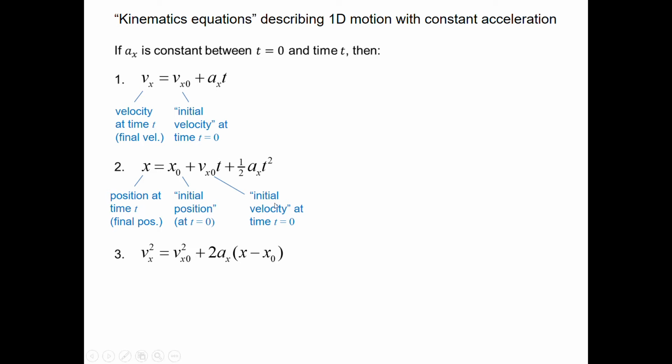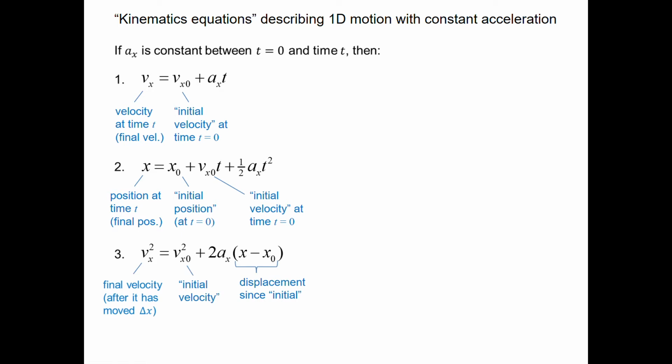Finally, this third equation isn't really independent of these first two equations. You can get these two directly using calculus, and then what you could do is solve this first equation for t, and then plug it into all the t's in this equation, and solve for Vx squared. And what we find is that Vx squared equals Vx0 squared plus 2 Ax times (x minus x0).